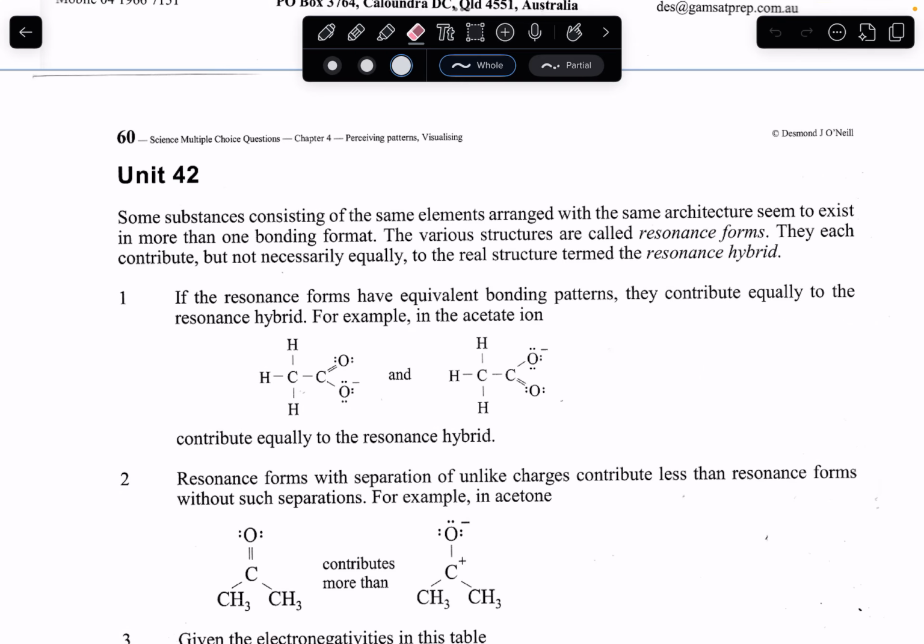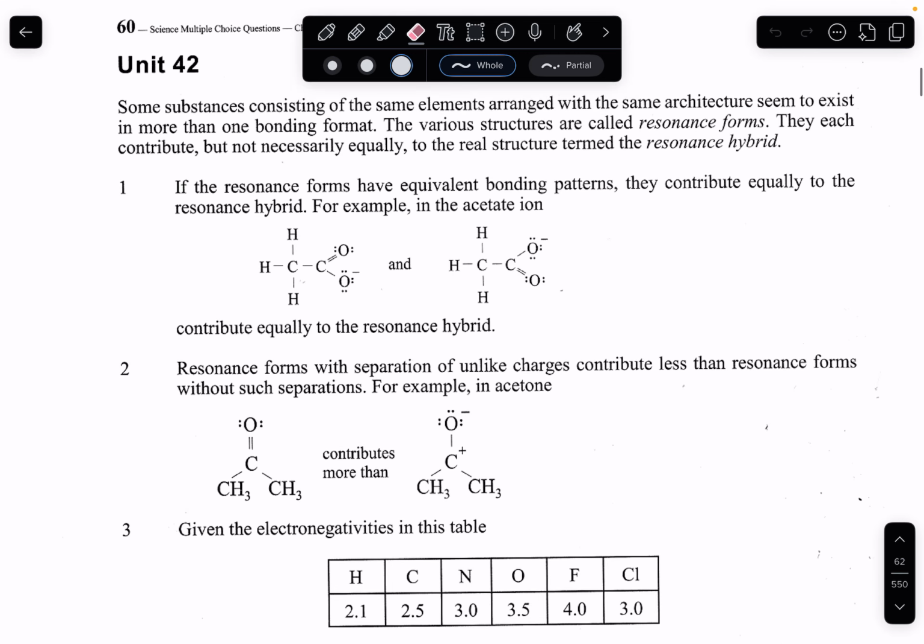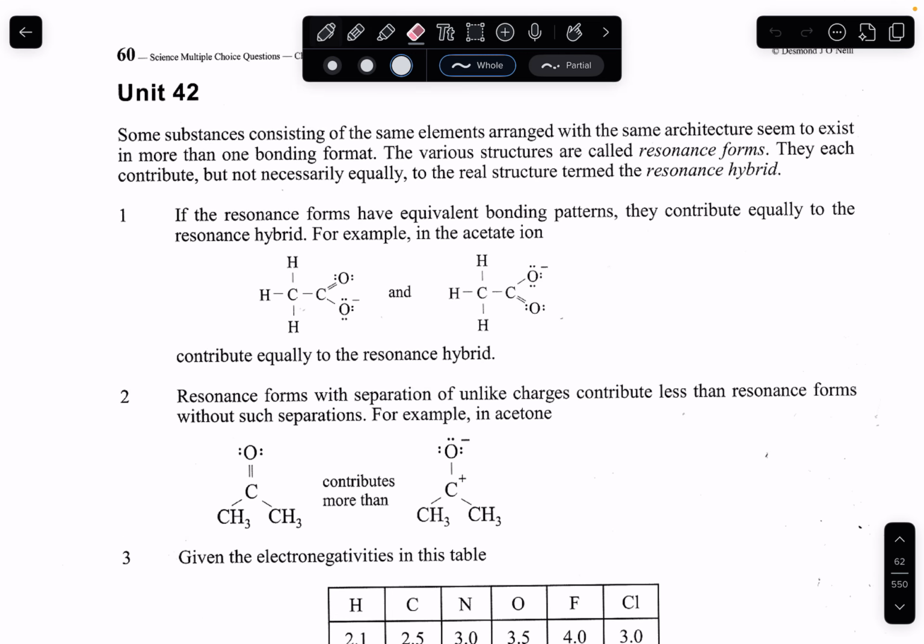Hi everyone, today we are going to discuss unit 42, and this unit is based on resonance. Sorry, very poor handwriting, but as you can see here we have the resonance. So in the very first stem, it's talking about the identical resonance form.